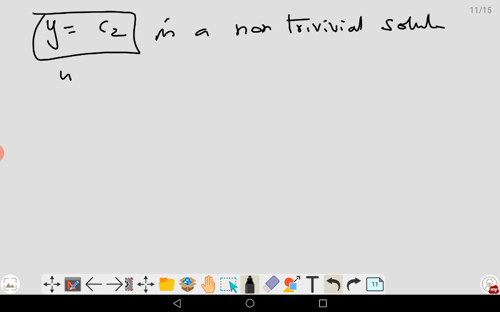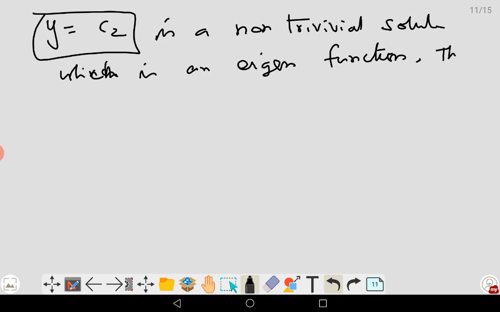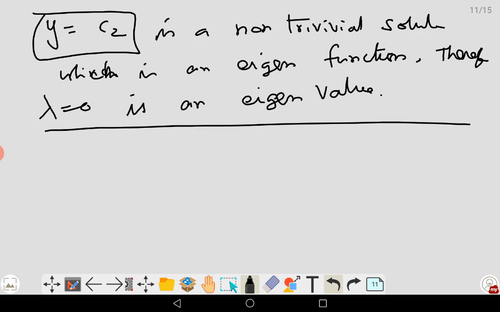We get C2 is a non-trivial solution, which is an eigenfunction. Therefore, lambda is 0 is an eigenvalue.